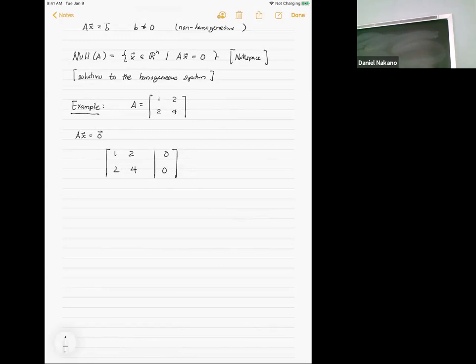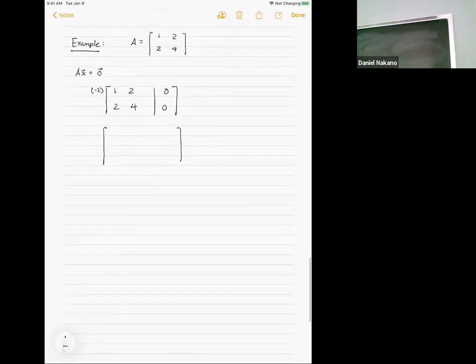All right, so let's solve. I'm going to multiply the first row by -2, add it to the second row, and put the result in the second row. So I get 1, 2, 0, and that gets 0, 0, 0. Aha. So this is a pivot up here.